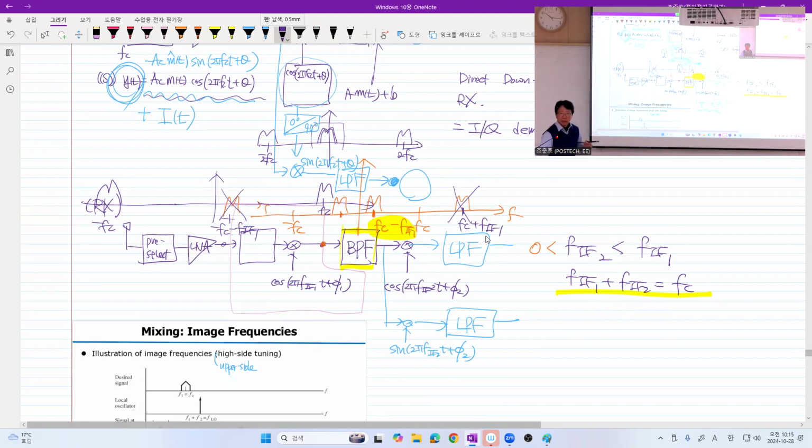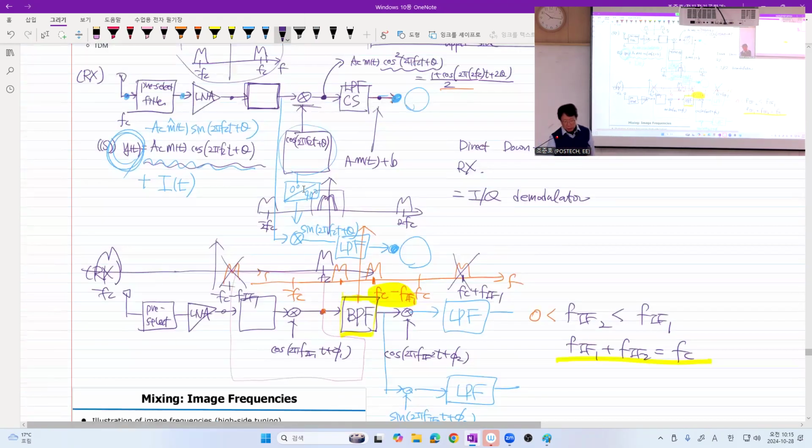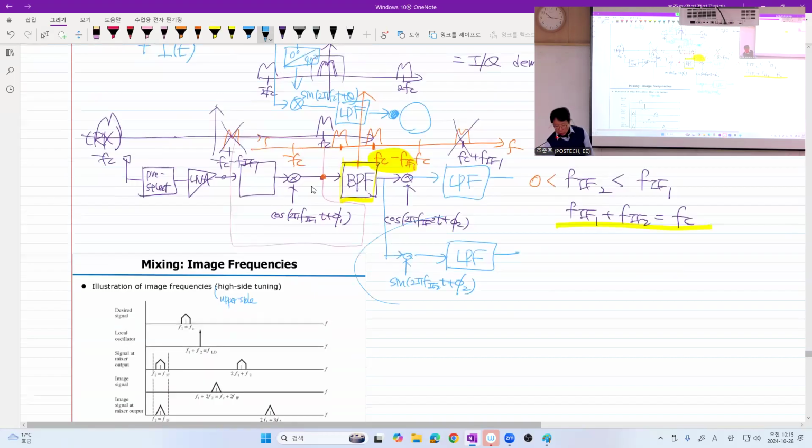Got it? So you only leave the desired signal, and then you eventually down convert, and you are done. So far, so good, possibly with this quadrature phase component that requires this second branch.